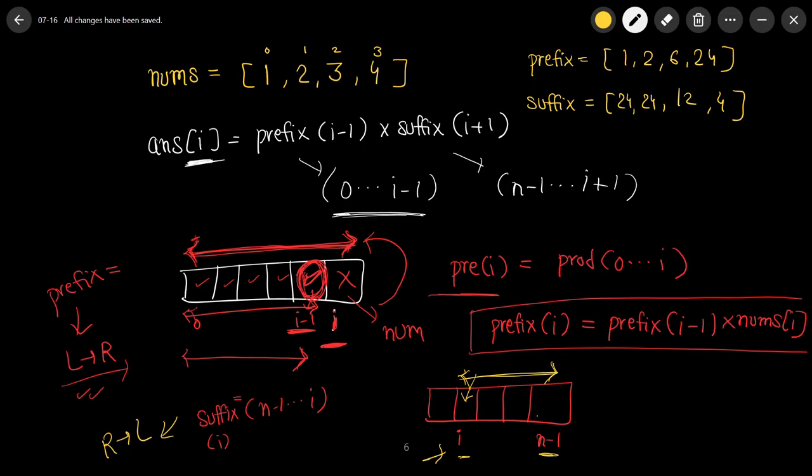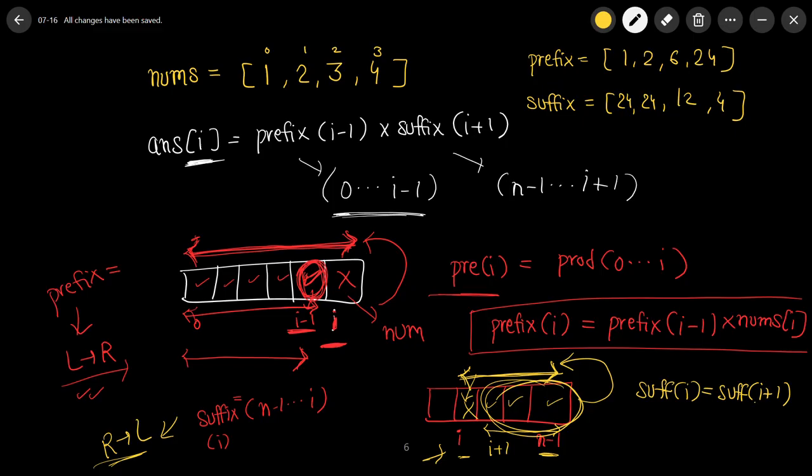Since we are traversing from right to left, we would also already have answers for these things. So to tell the product of this to this, if we already have this to this product, that is I plus 1 till n minus 1 product, we would just multiply this number with this product and we would ultimately get the bigger product. So what I'm saying is suffix of I would be suffix of I plus 1 into current number, that is nums of I. So this becomes the formula for our suffix array.